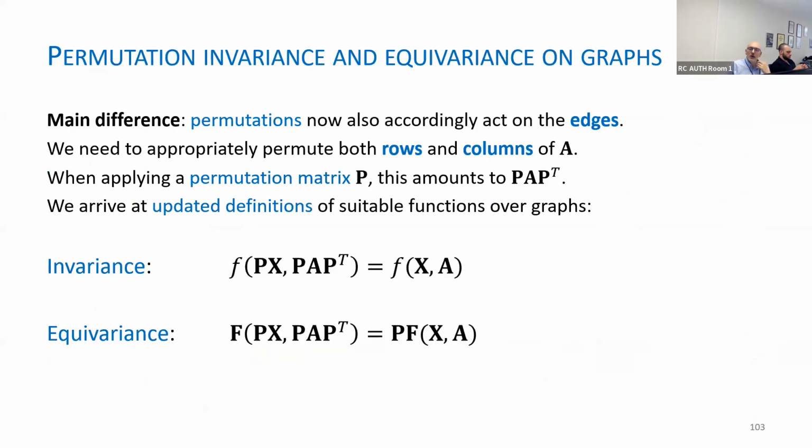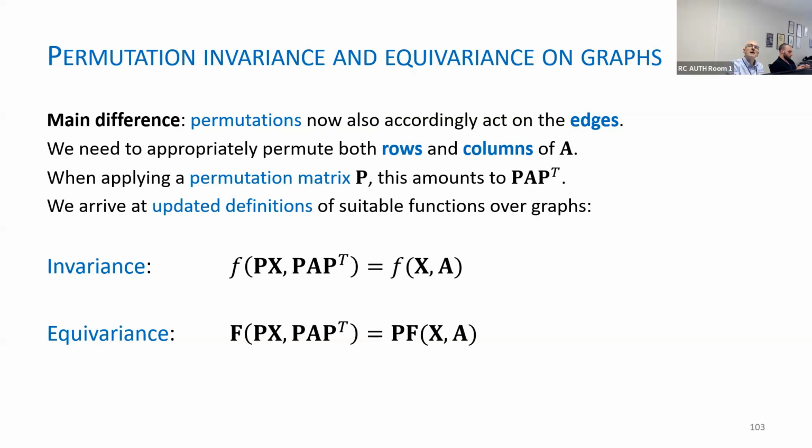And so here we try to see the same properties of permutation invariance and equivariance applied to graphs. The main difference here is that the permutations now act on the edges of the graph, so not just on the vertices, but they can also act on the connections, on the links.